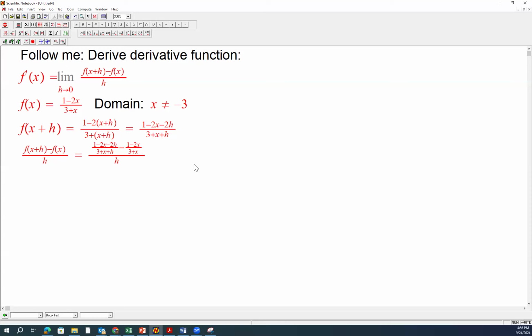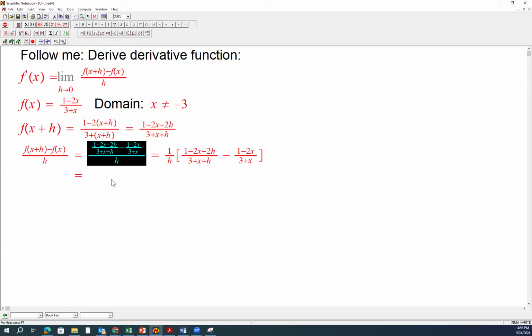Common denominators once again. Of course, if you like to work it the other way, go ahead, no problem. But I'm going to do it this way.